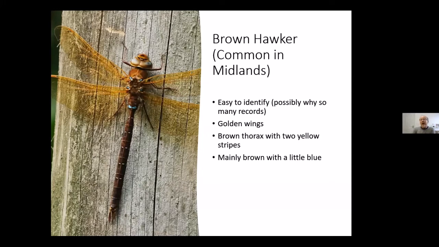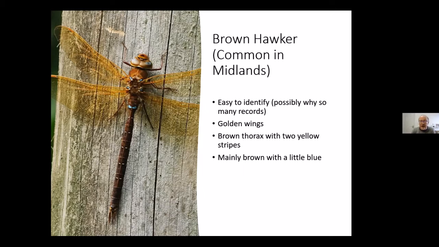Now, the most common one apparently in your region is the brown hawker. I'm very jealous because we only had a handful of these last year. It is very easy to identify, and that could possibly be why you've got so many records, because it's so easy. And the reason it's so easy is it's predominantly brown, hence the name brown hawker, and it has golden wings.